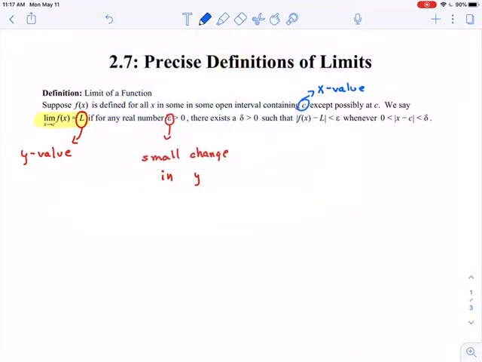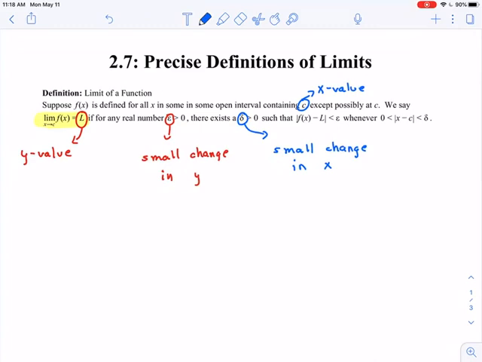Then there exists a delta greater than 0. So this is a number that you have control over. You don't get to choose what epsilon is, but you do get to choose what delta is. Delta is a small change in x, and you get to go and choose what this number is.